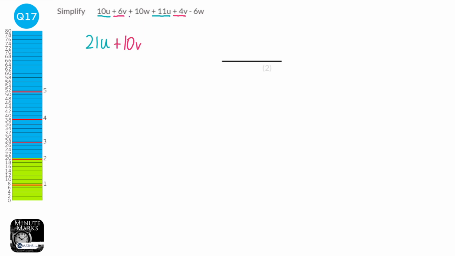We can also add this 10w to this minus 6w. So 10 take away 6 is 4w, so plus 4w. But we can't add a u term to a v term to a w term. So we have to just leave them be. So our answer is 21u plus 10v plus 4w.